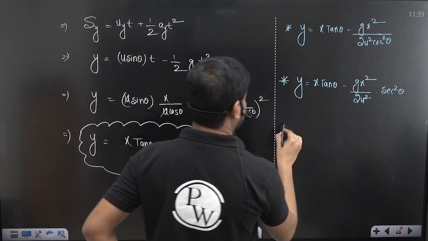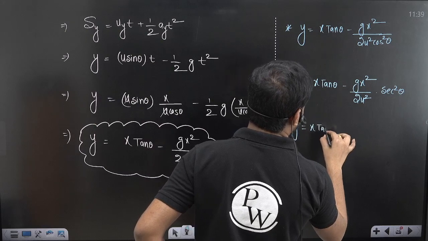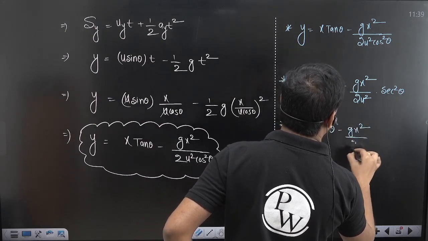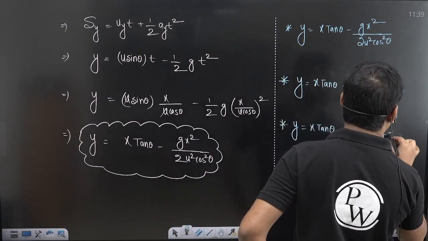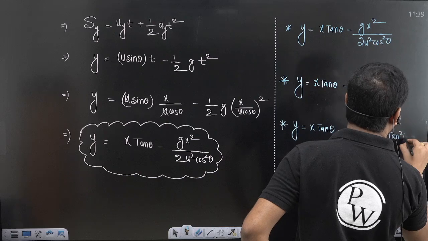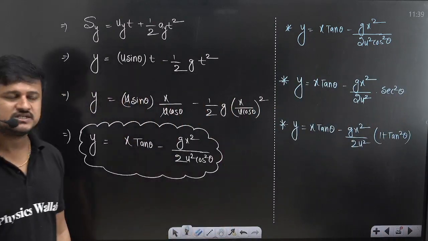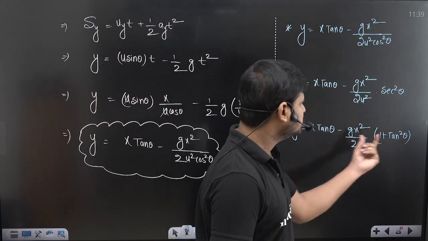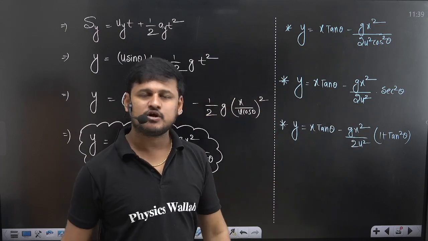Then y is equal to x tan theta minus g x square by 2 u square, and in place of secant square theta I can write 1 plus tan square theta, because secant square theta minus tan square theta is equal to 1.